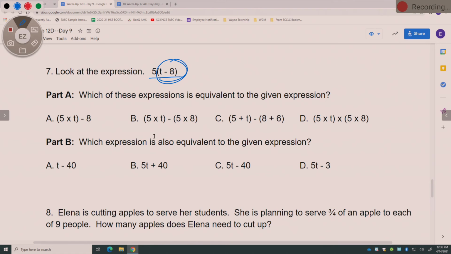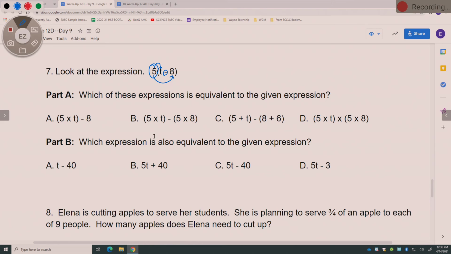You have to treat that t minus 8 like one number. But distributive property tells us that if I want to unpack this parentheses, I can take this number and multiply it by the front number, and then carry the sign, and then multiply it by the second number.